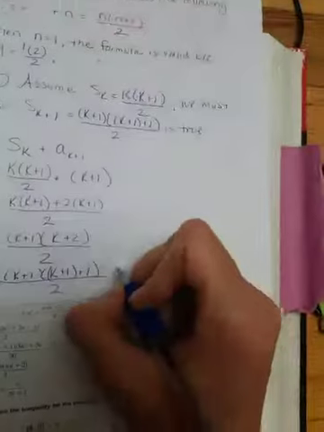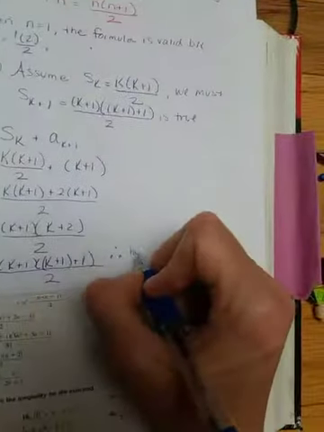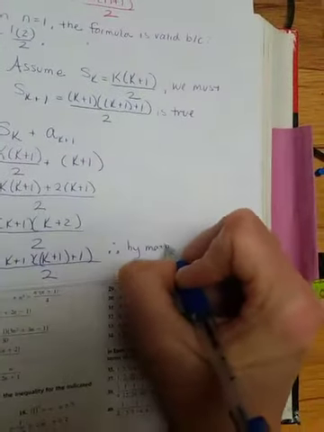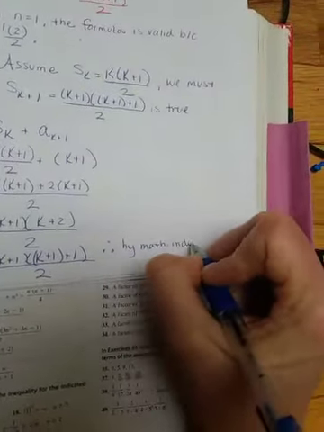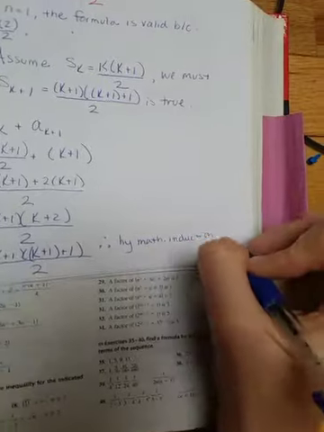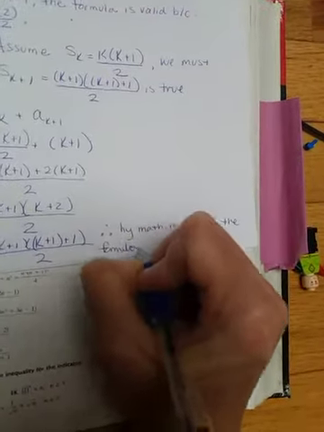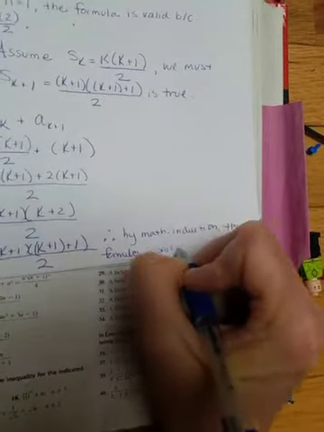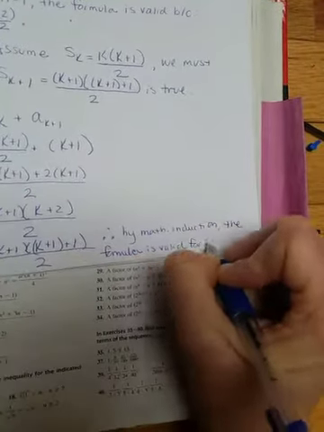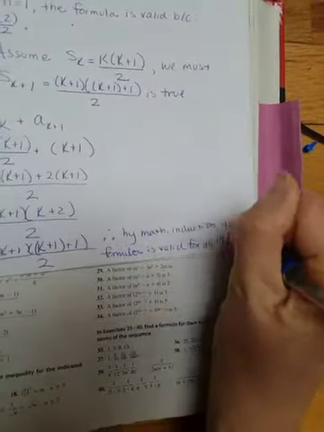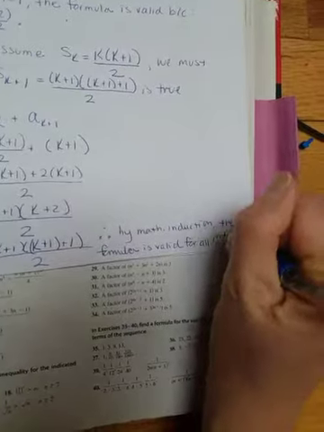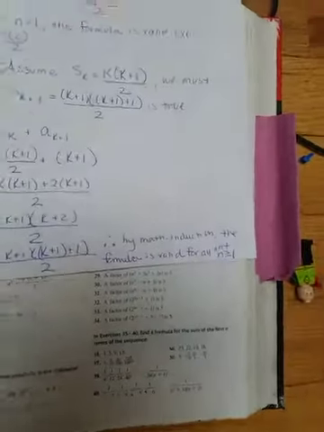And so to end this, we say, therefore, by mathematical induction, I just say math induction, the formula is true, is valid for all integers n greater than or equal to 1.